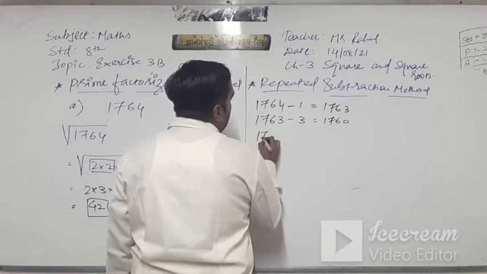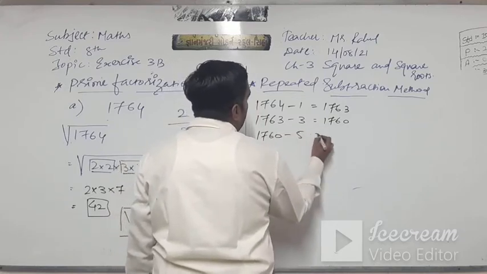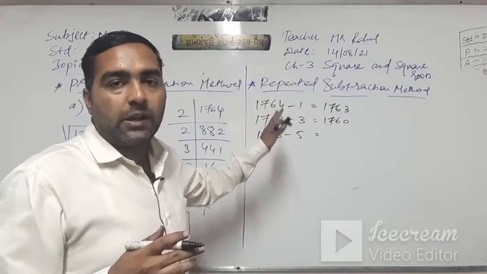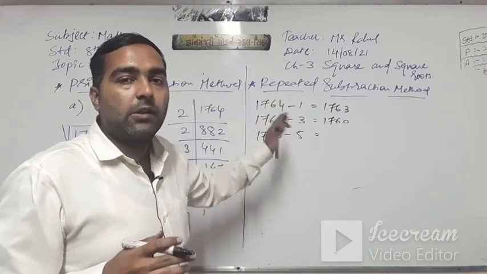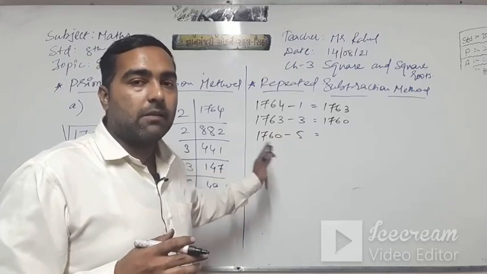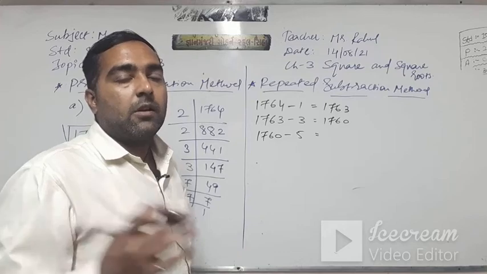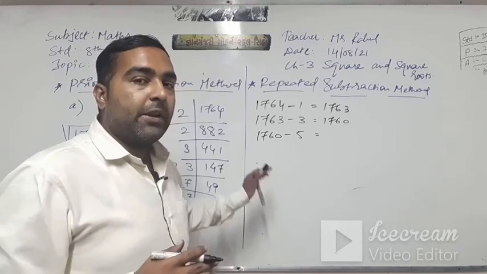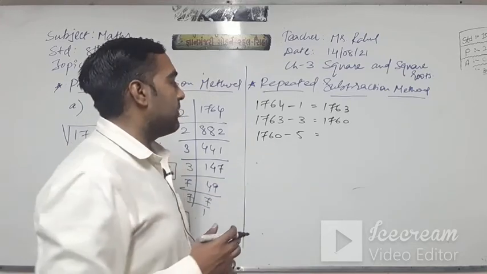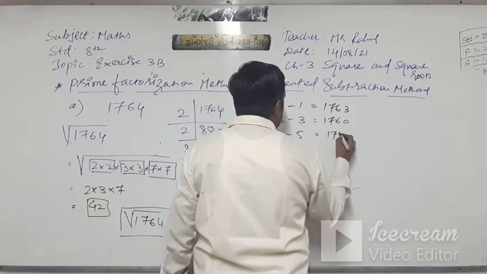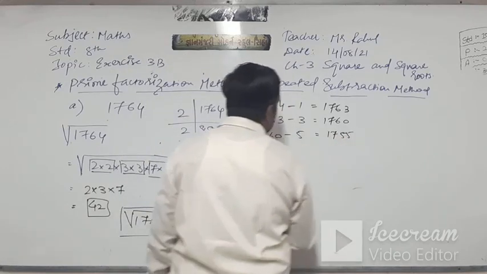Now 1760 minus 5. Here we take only odd numbers one by one: first subtract 1, after that 3, 5, 7, 9, 11. We take consecutive odd numbers one by one and subtract them from the number. So 1760 minus 5 is 1755.